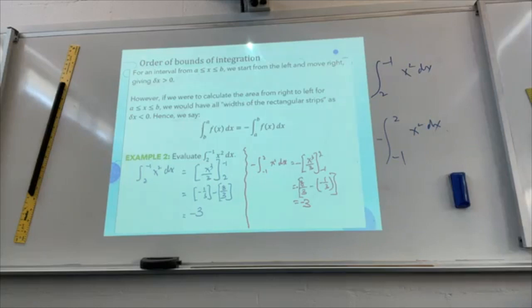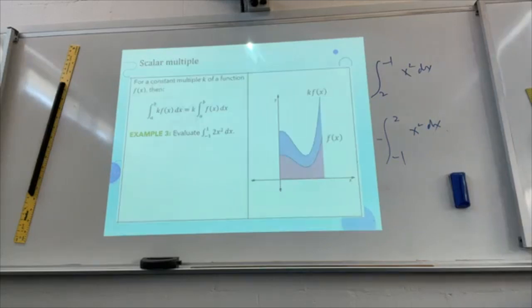That's another property. The third property, scalar. I've shown this one to you before. If I've got a scalar k times f(x), it's just k times the integration of f(x). We did that a couple of lessons ago, if you remember.